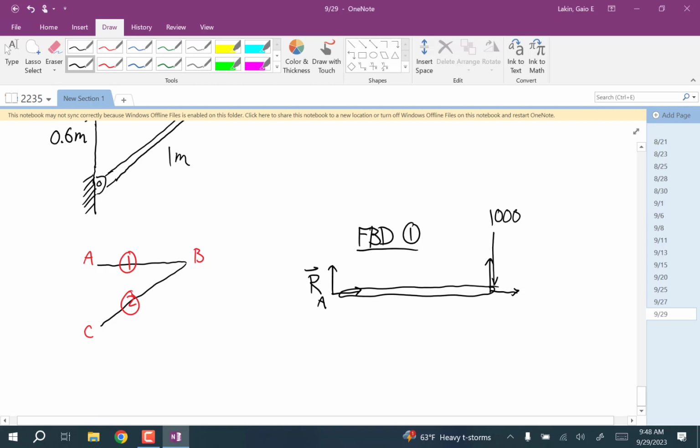And then what's the force vector that acts at that point? Well, so what external object is in contact with member 1? Should be 2. Yeah, 2 is in contact with the pin, and the pin is part of member 1. So we can call this the force on 1 by 2. Okay.